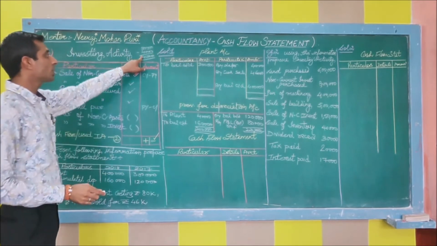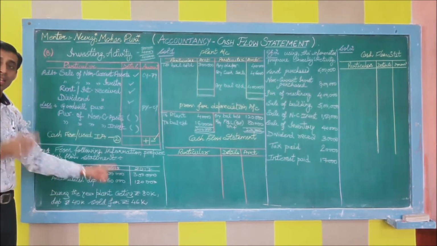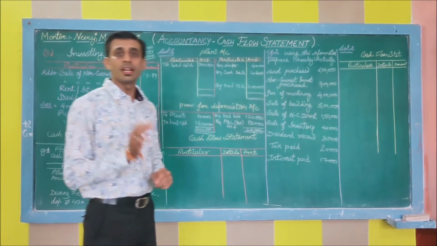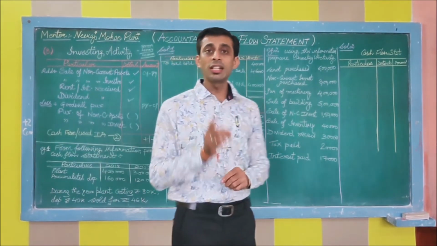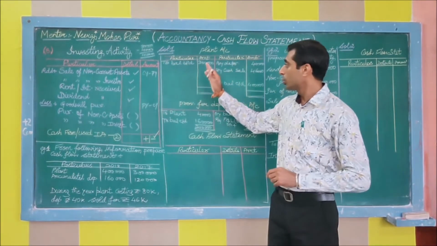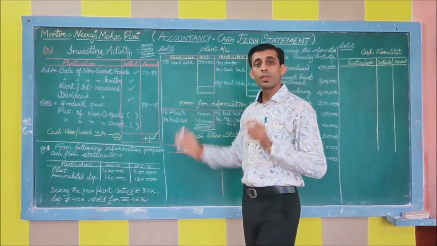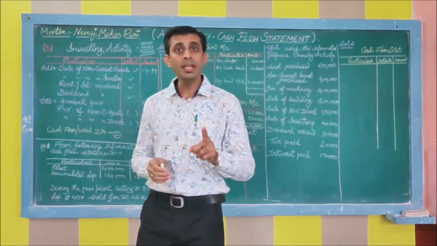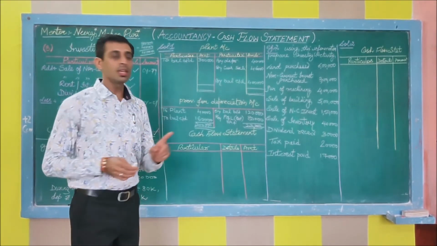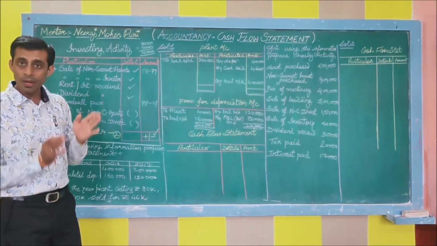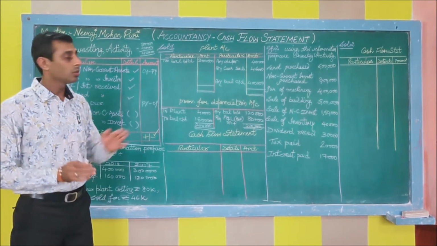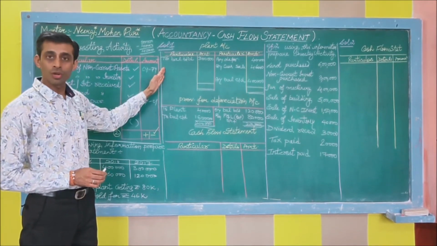This book value is compared with the sale price. If sale price is greater than book value, result is profit, which is shown on the credit side of asset account.